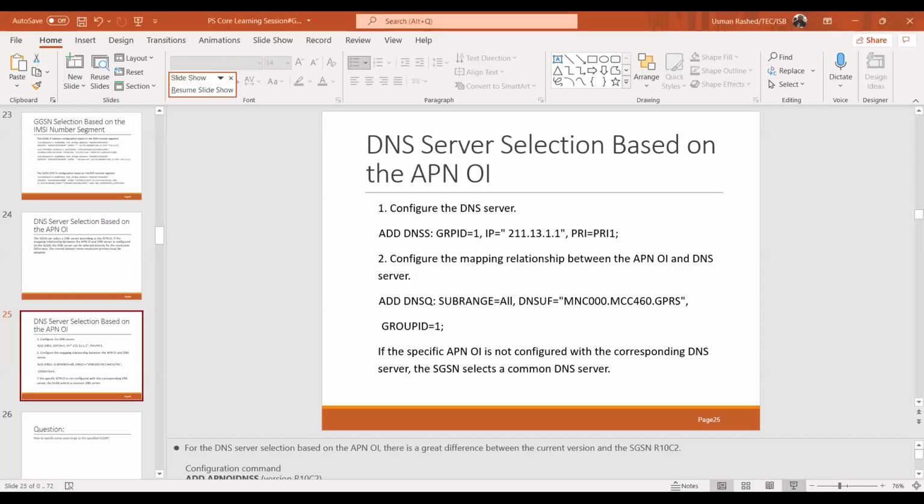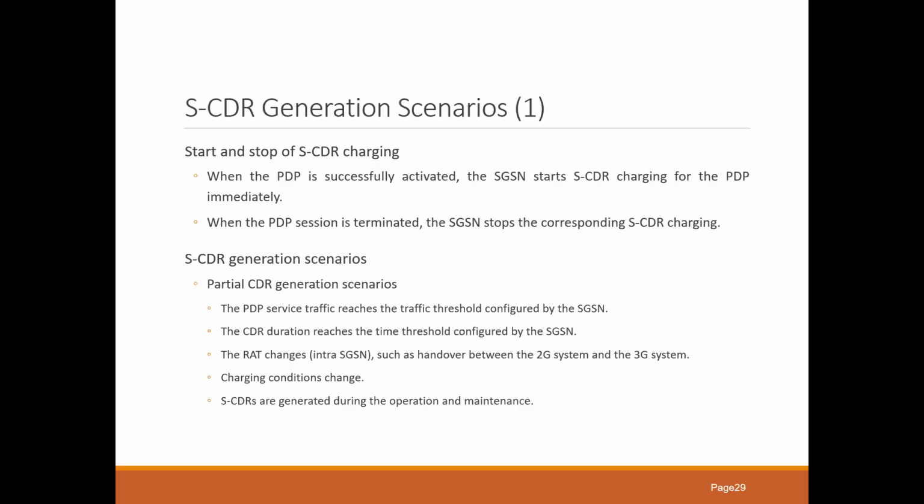I mean, if we want to configure, no, we were talking about CDRs. Okay, so we were talking about partial CDR. The partial CDR generation is usually done when a CDR is for a longer duration of time, and sometimes you need to break it up into multiple CDRs.